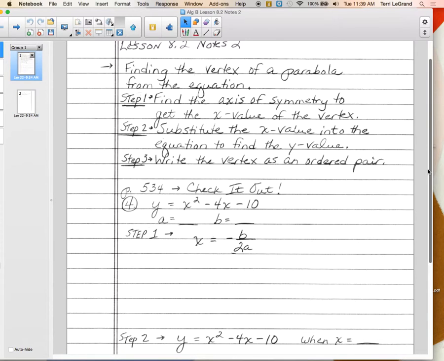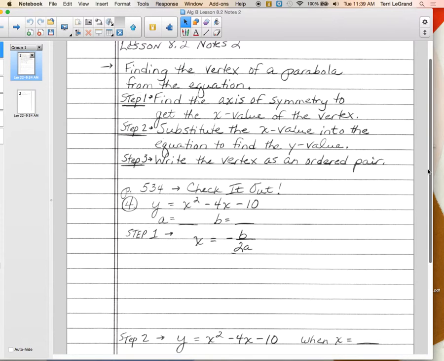Step 1. Find the axis of symmetry to get the x value of the vertex. Because remember, that axis of symmetry passes right through the vertex, and every point on it has the same x value. So once we find the axis of symmetry, x equals a number, we already have our x value of the vertex.